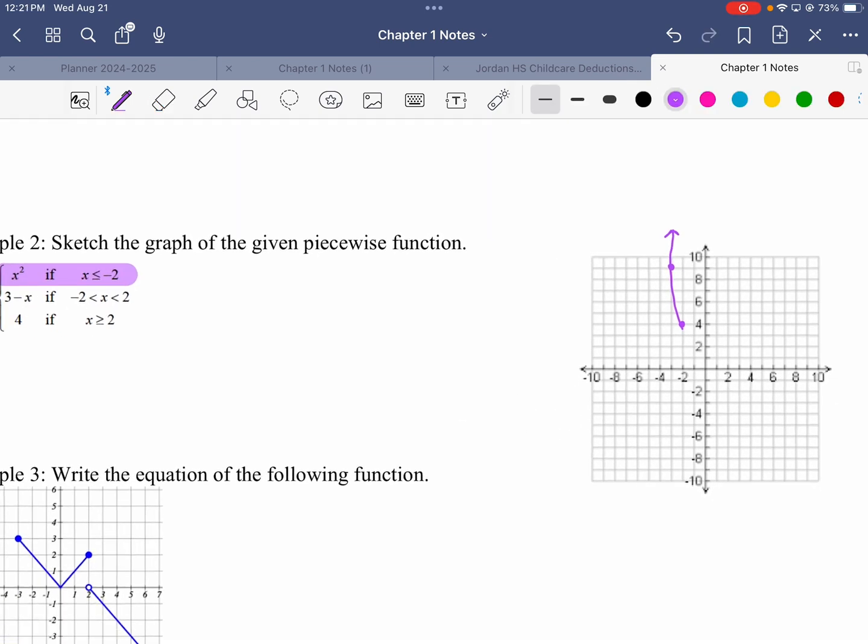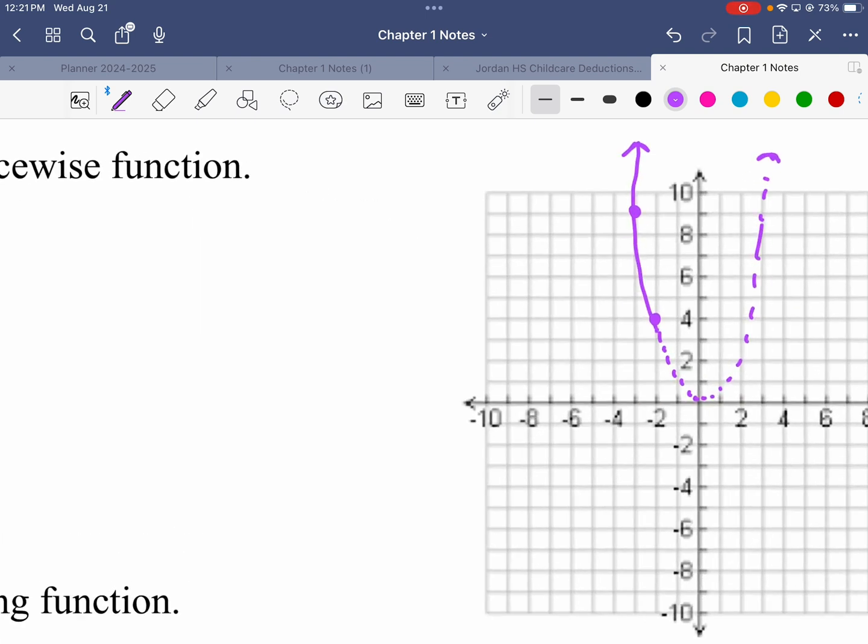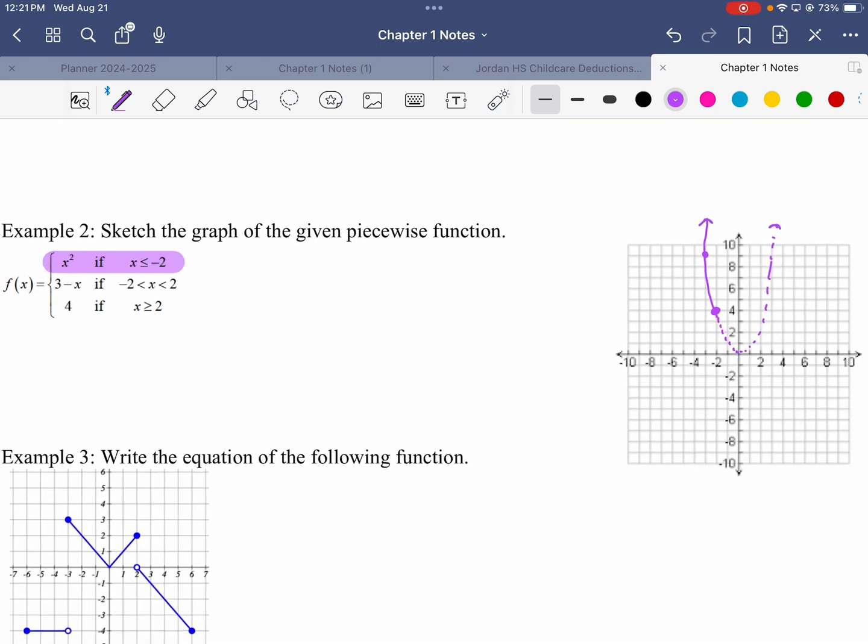Does that make sense? Because this part of it does not apply because of the domain. And this does need to be a closed point. Why? Or equal to. Good.